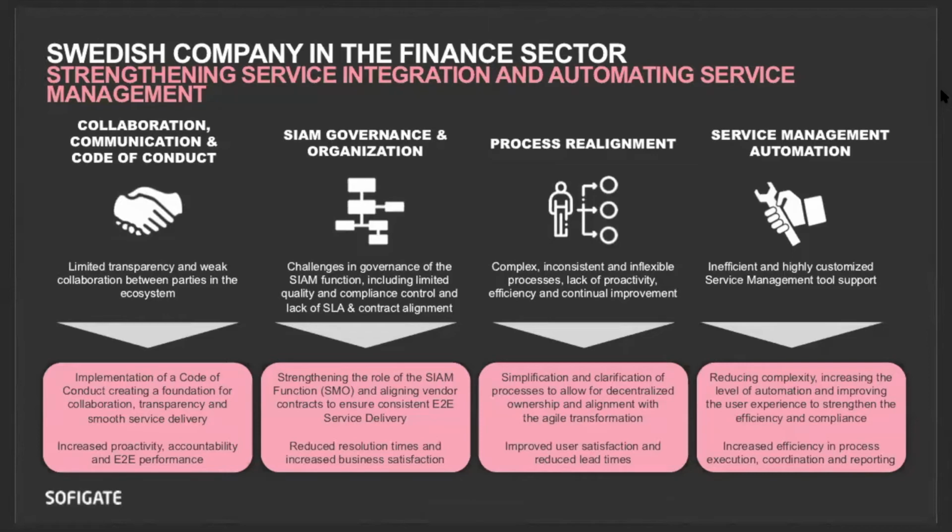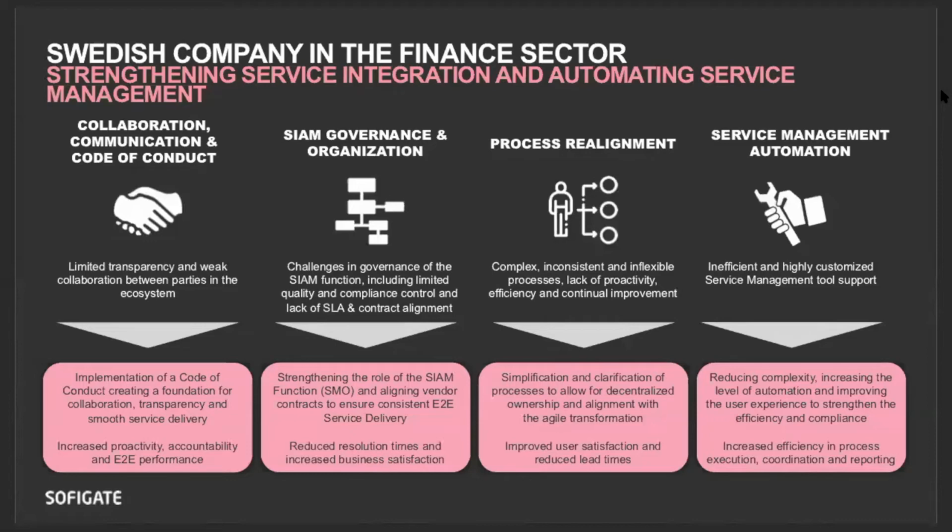Communication is one important part of it, but the actual way of working and the culture and transparency throughout the organization is an important part to build the foundation for all the other areas, to make sure that we have trust in the organization, and that we can have transparency, even though there are different service providers and vendors involved in the service delivery. We still can have the free flow of information and trust between the organizations, so that we share information, learn from each other, and all of that.